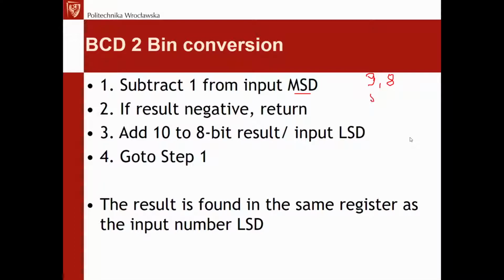So we get 8. If the result is negative, then it means that the MSD was 0. Otherwise, we add 10 to the final result. So we make the final result, it was 0, and we make it 10, and then we go back to step 1. So then we go with 7, then 20 here, and so on and so on.